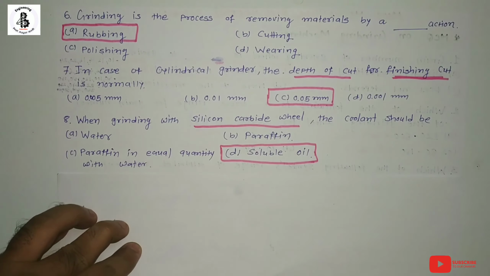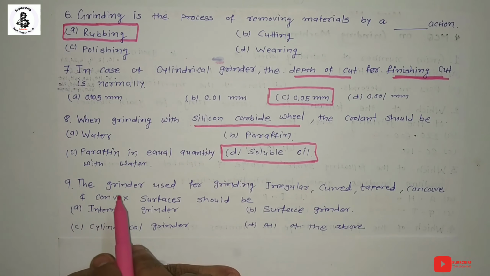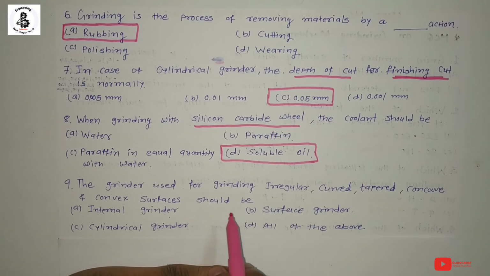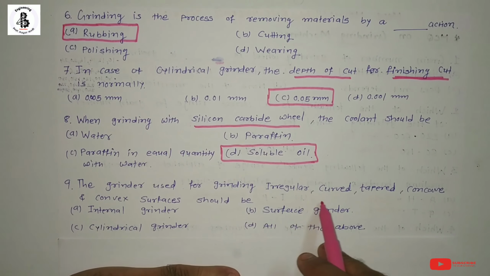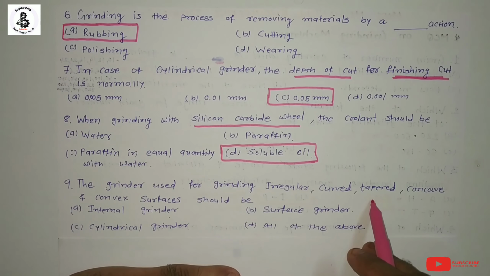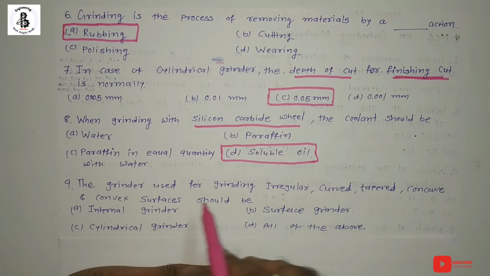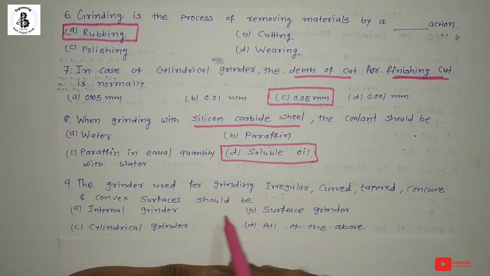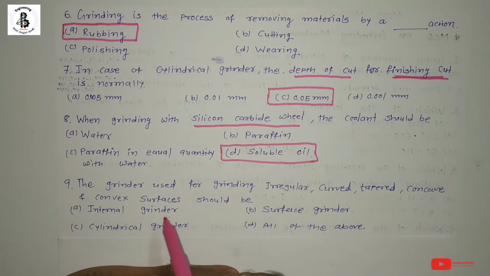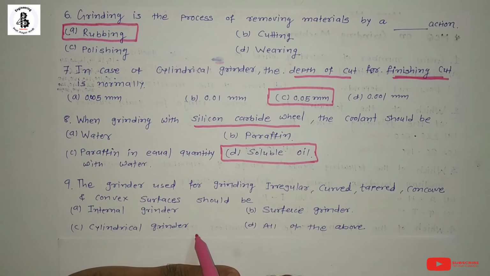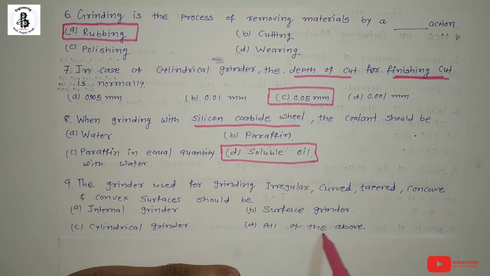The next question. The grinder used for grinding irregular, curved, tapered, concave and convex surfaces should be option A internal grinders, option B surface grinders, option C cylindrical grinders, and option D all of the above.